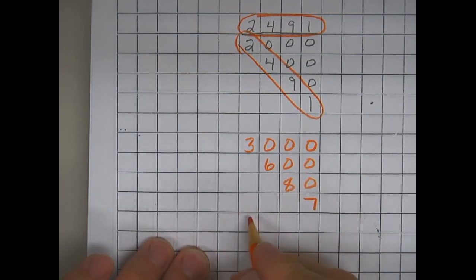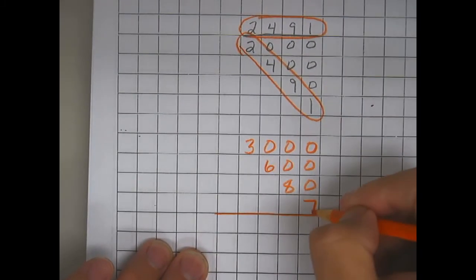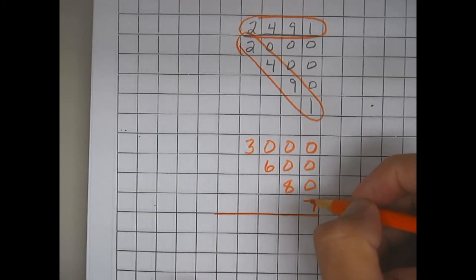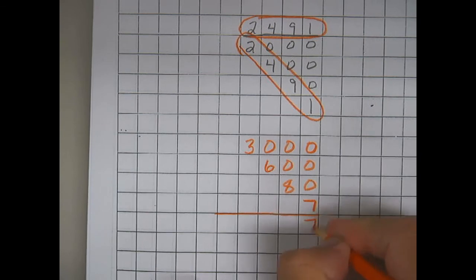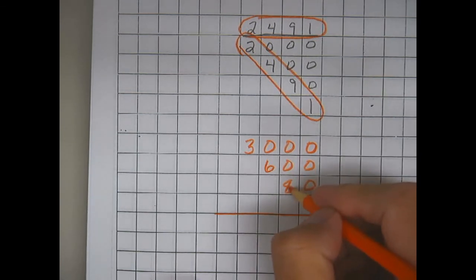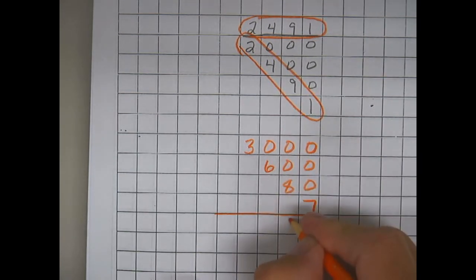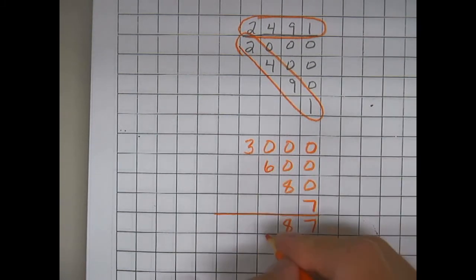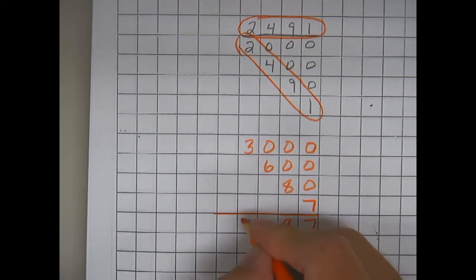And it's almost like just an addition problem, really. Okay, if we were to add up all of these, 7 plus all of these zeros, that's going to give us 7. 8 plus all those zeros is 8, 6, and then 3.